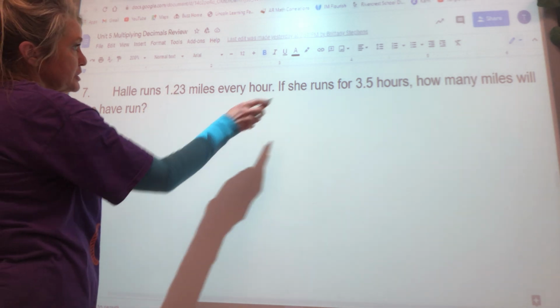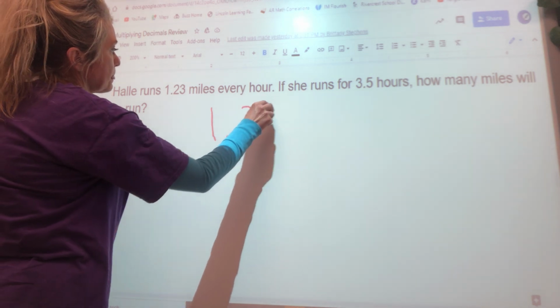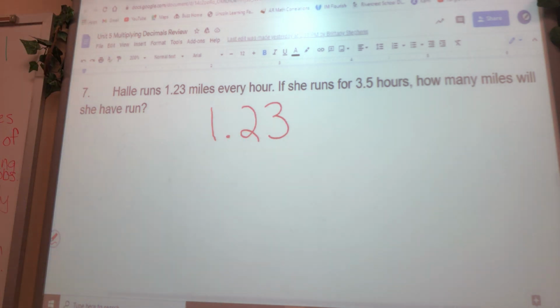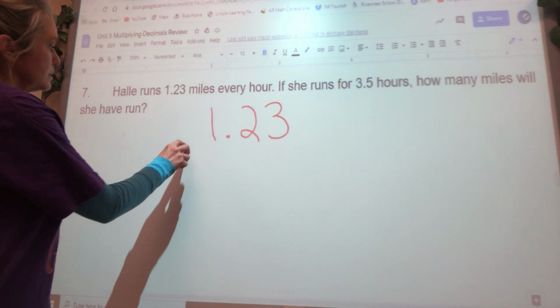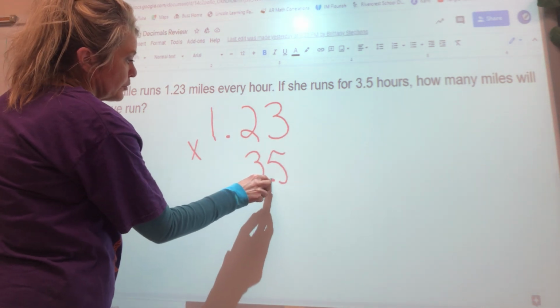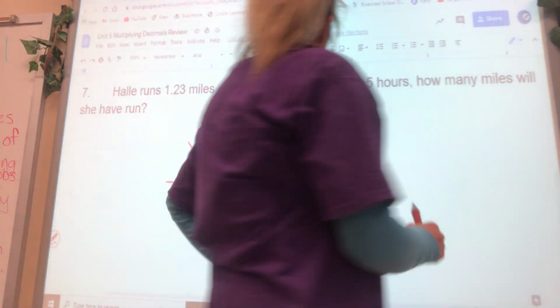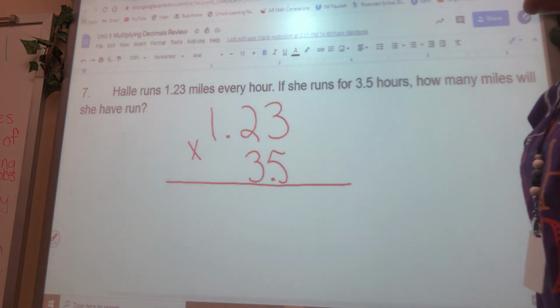This one has 3 digits, that one has 2, so this will go on top. 1 and 23 miles for 3.5 hours, 3.5 or 3 5/10.